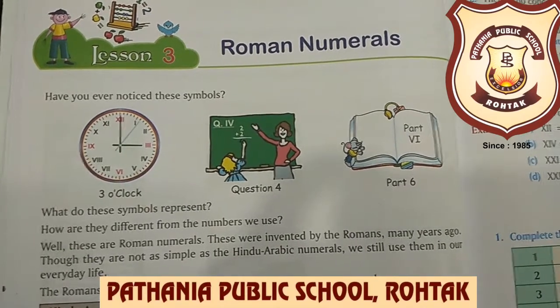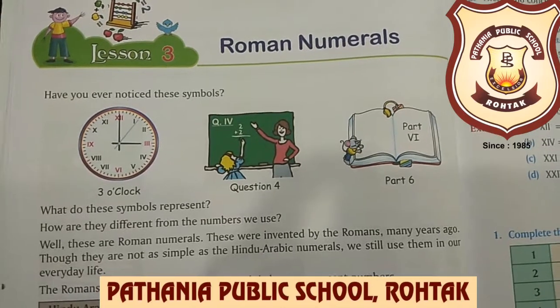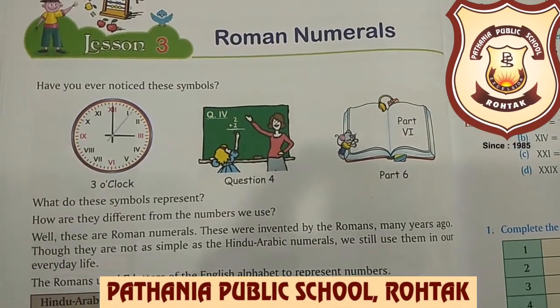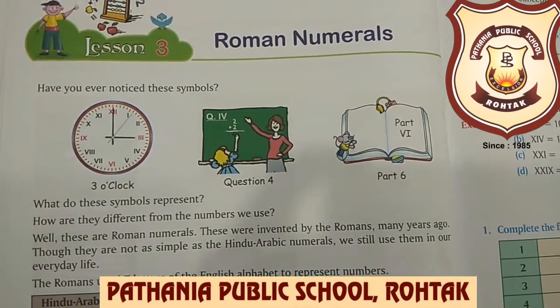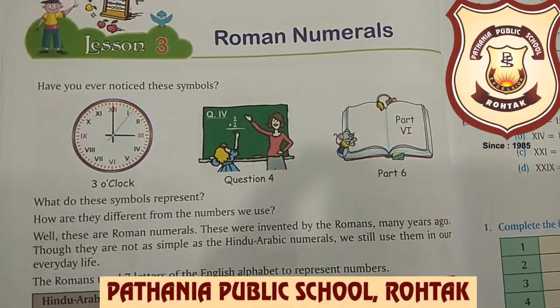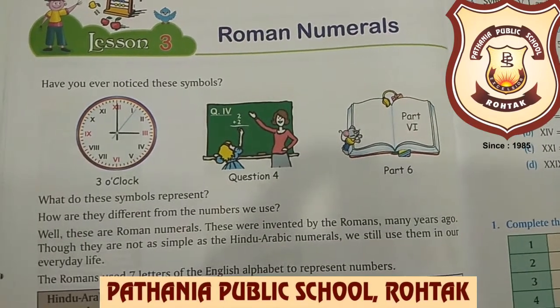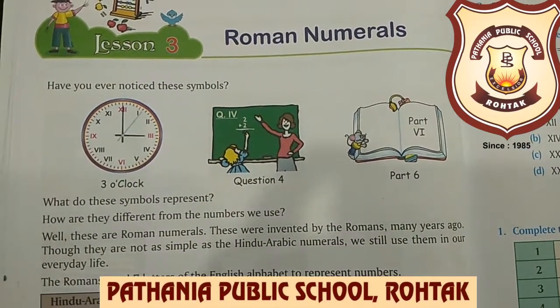These are Roman numerals and these were invented by the Romans many years ago. Why are they called Roman numerals? Because these symbols were invented by the Romans many years ago. They are not as simple as the Hindu-Arabic numerals. Hindu-Arabic numerals are what?